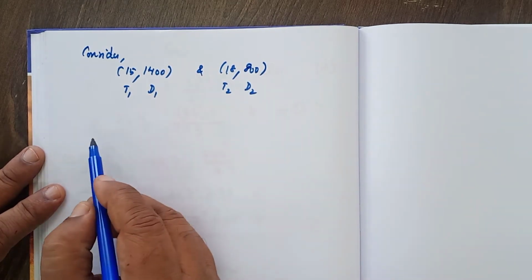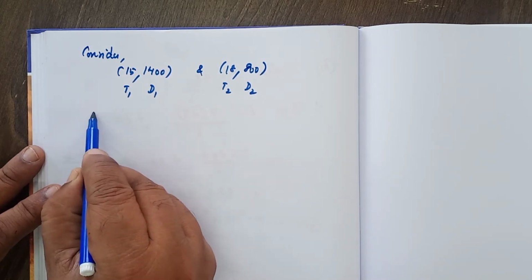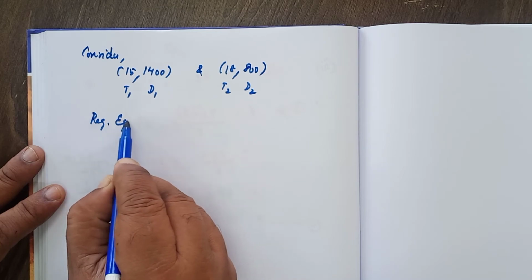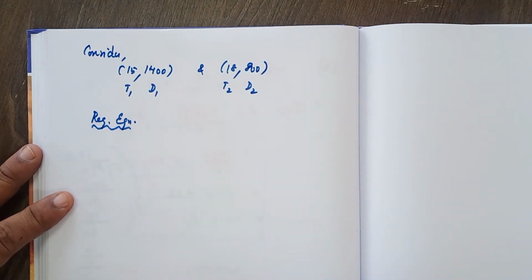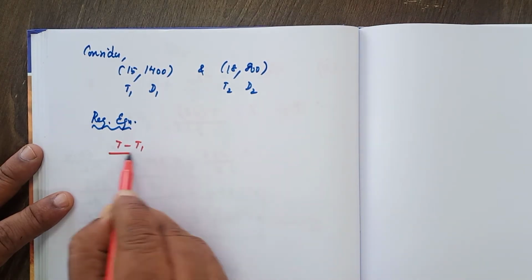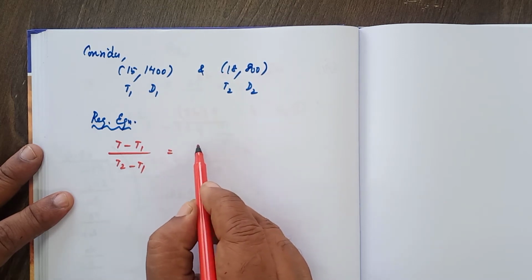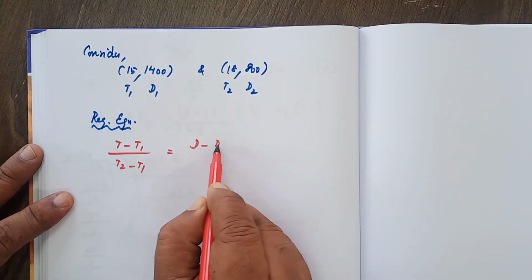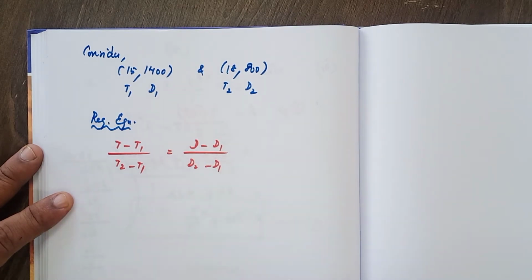Now, you know the required equation of a straight line joining 2 points. The equation is (t minus t1) divided by (t2 minus t1) equals (d minus d1) divided by (d2 minus d1). I have to substitute.